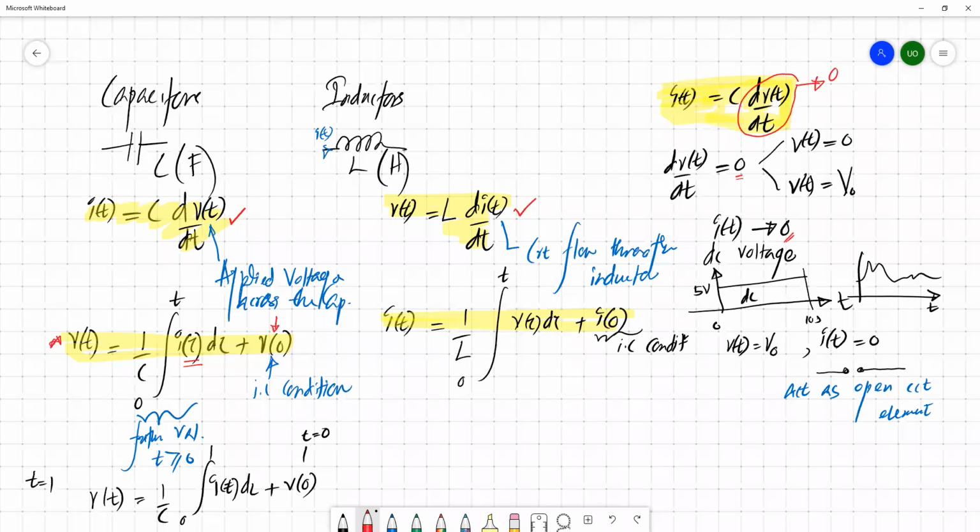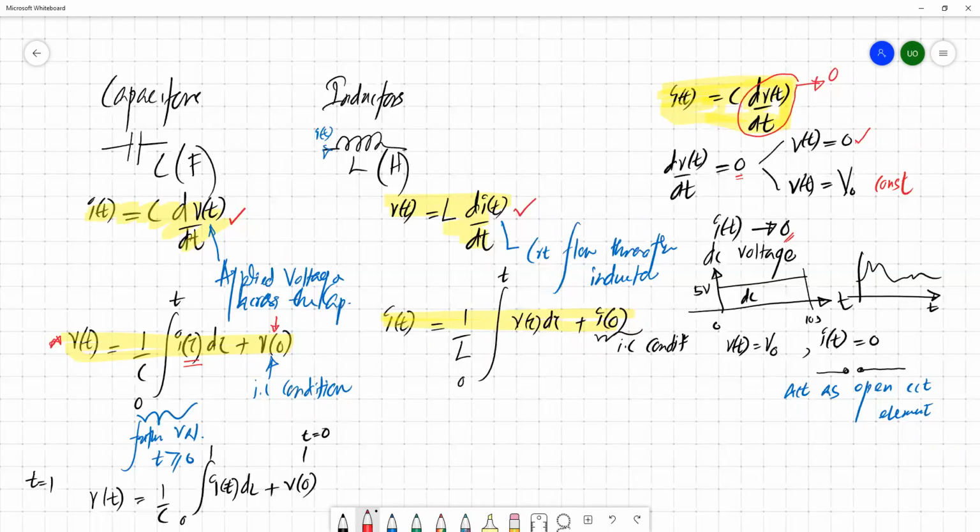We can identify two scenarios where this derivative goes to zero. One is zero voltage. If you don't apply any voltage across the capacitor, then the derivative will definitely be zero. This is the first case: the applied voltage is zero. The second scenario is if you apply a constant voltage, like V0, 5 volt, 10 volt, constant.